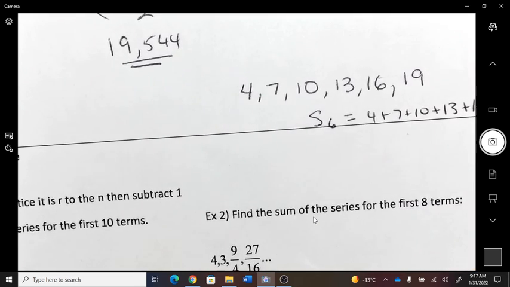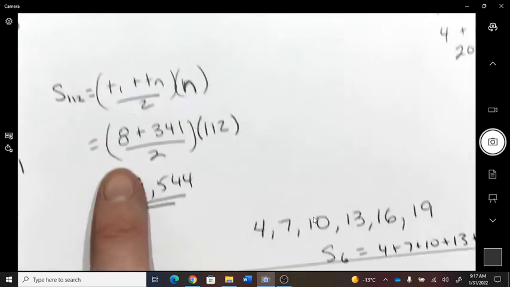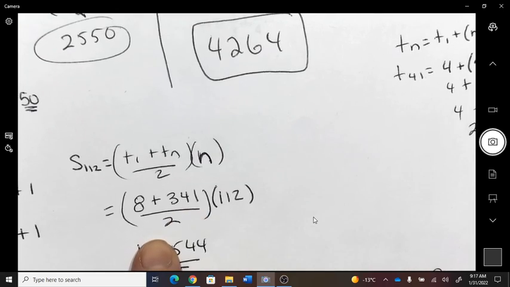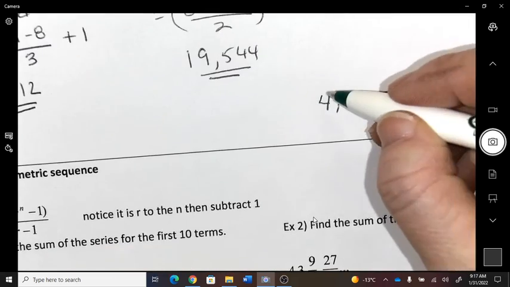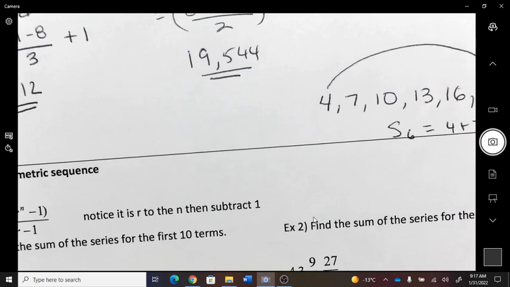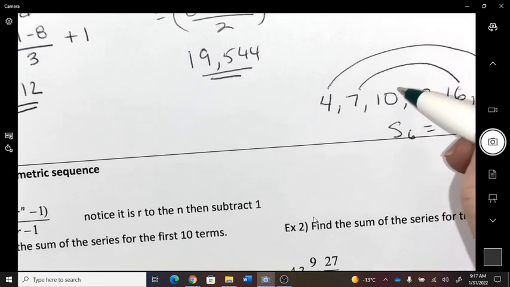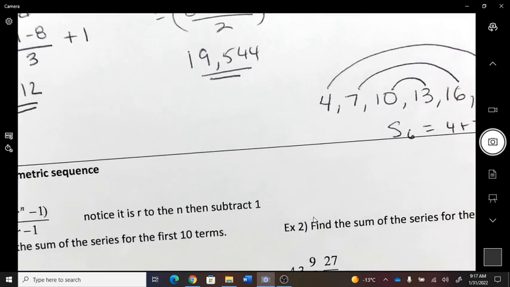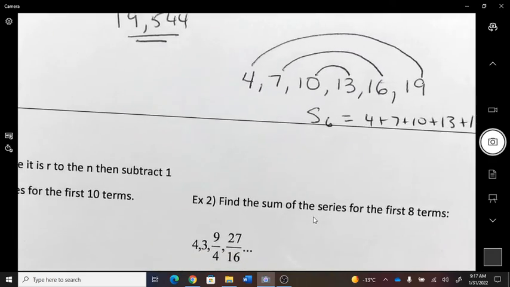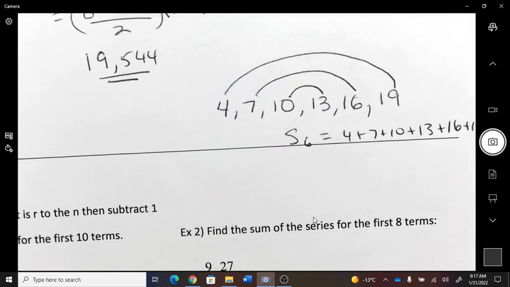That's what this formula is calculating for us. We're adding all these numbers up. And why is it taking the first term plus the last term and averaging them? Because that adds up to 23, that adds up to 23, that adds up to 23. Okay, so that's kind of what it's doing.